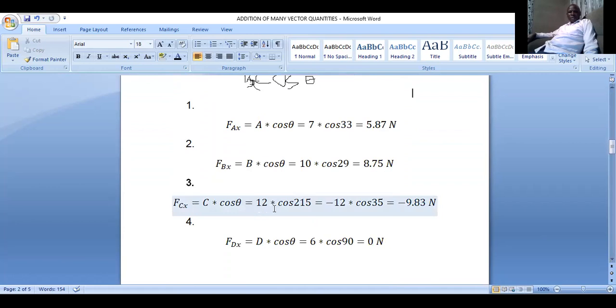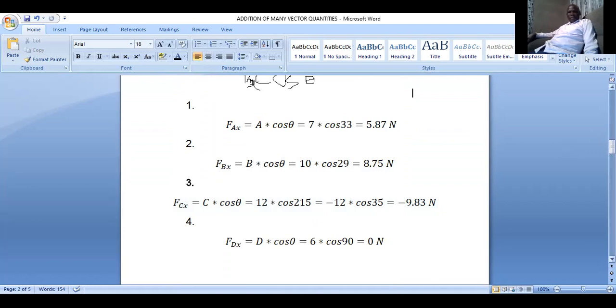So it will be 12 times cos 215, which is the same as merely multiplying by cos 35, that angle, and putting a negative, since you already know that it's oriented along the negative x-axis. It gives us negative 9.83 newtons.